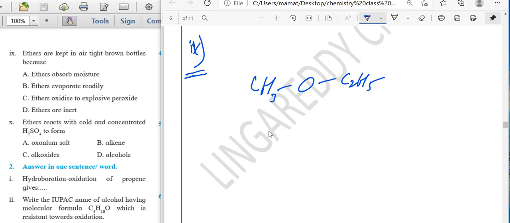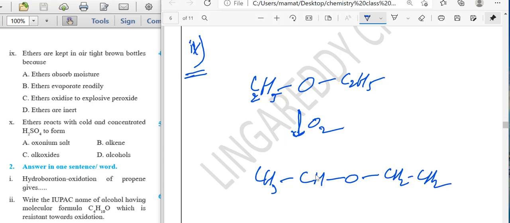Ether is there. So you can take C2H5, C2H5 also. Here one more hydrogen is there. In between this hydrogen, this O2 is inserting and forming like this, peroxy. Peroxides are forming. Okay.